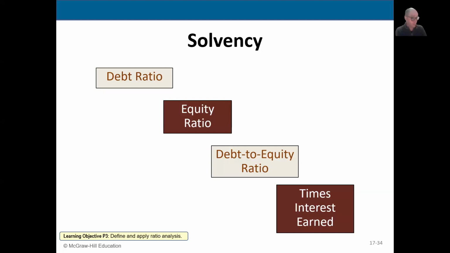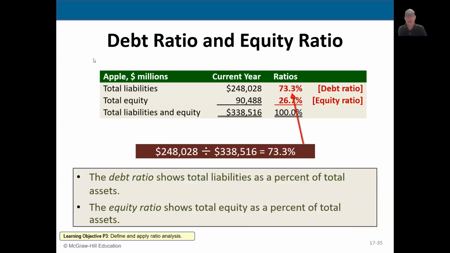Okay, solvency. 4 ratios here: debt ratio, equity ratio, debt to equity ratio, and times interest earned. Again, you've seen all of these ratios before back in Principles of Accounting 1, pretty much at the end of each chapter. The debt and equity ratios are very simple to calculate.